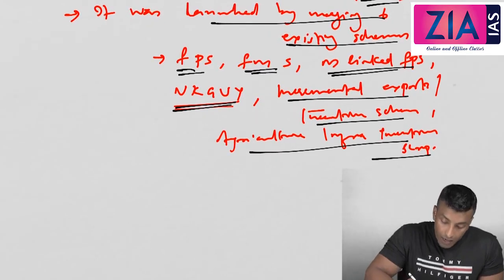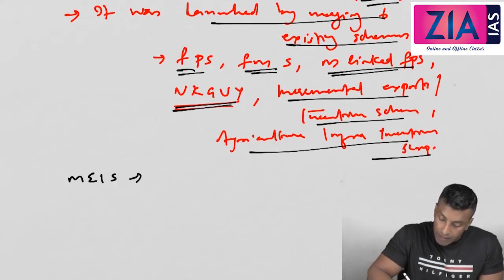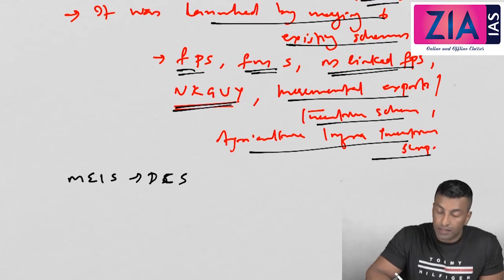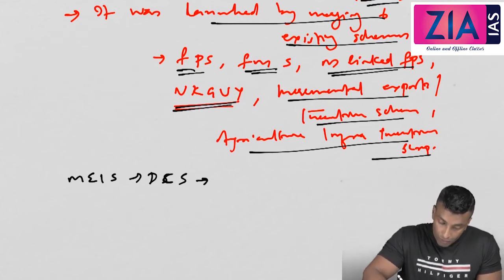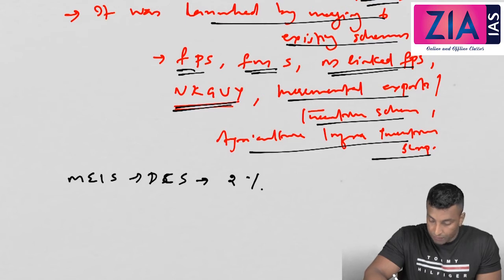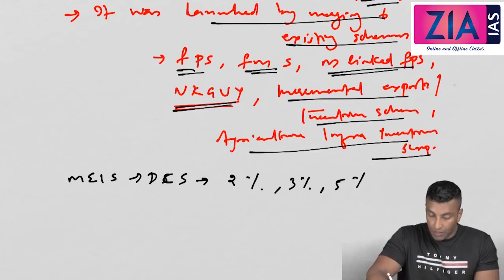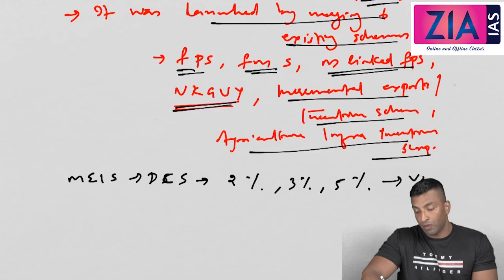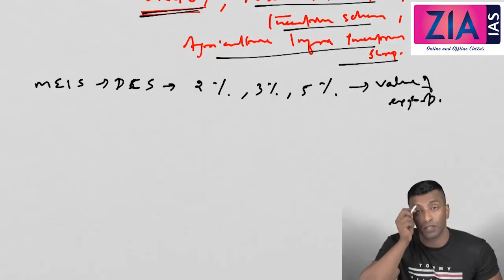What is this? Under MEIS, again DCS was provided. Duty credit script was provided of 2%, 3%, 5% of the value of exports. That we have already discussed when we discussed the focus product scheme.